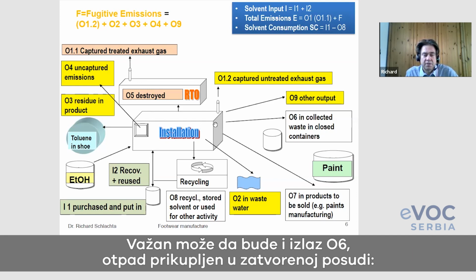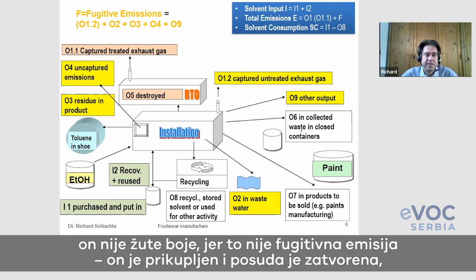Important maybe can be this O6. You see O6, it's collected waste in a closed container. That's the reason it's not yellow, because it is not fugitive. It is collected, so it is contained.